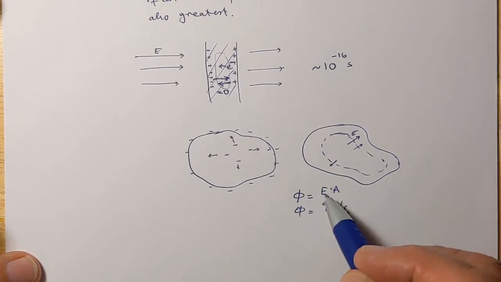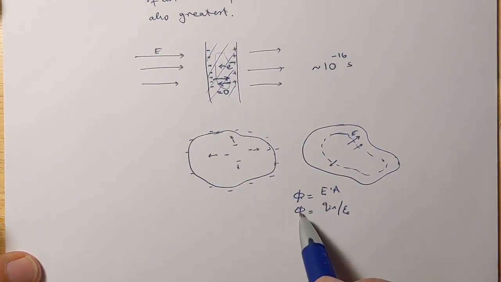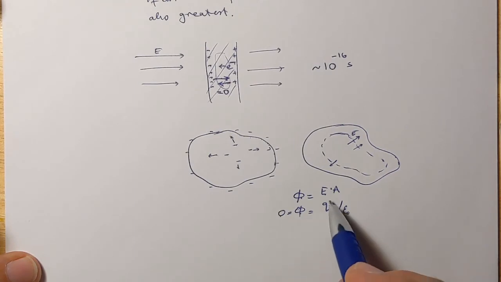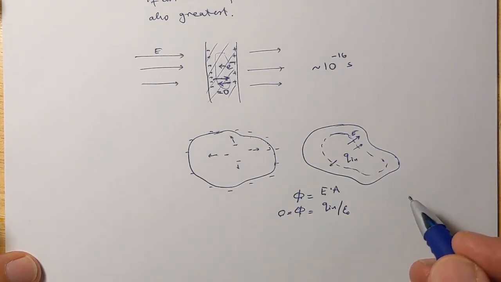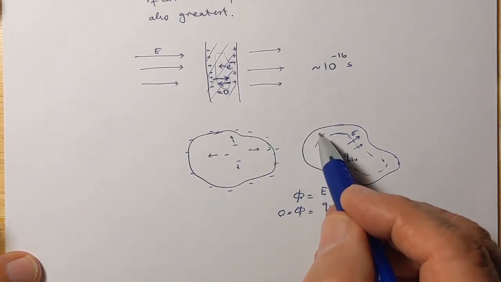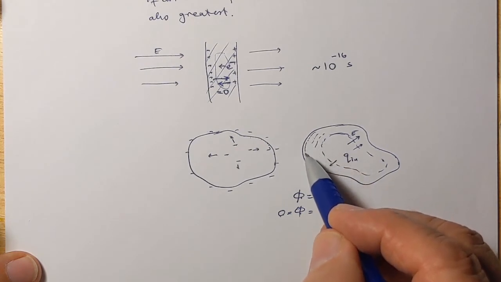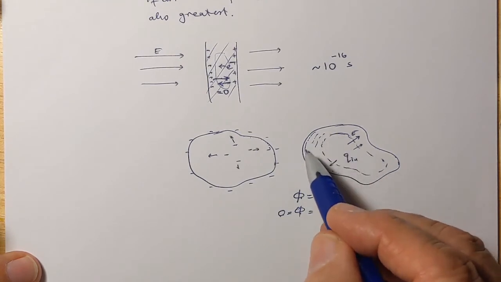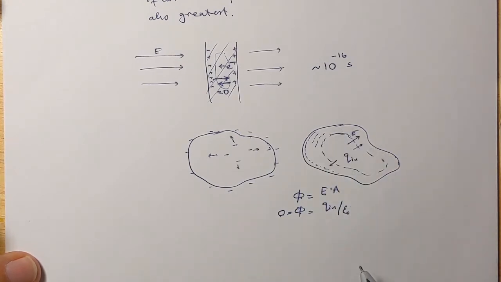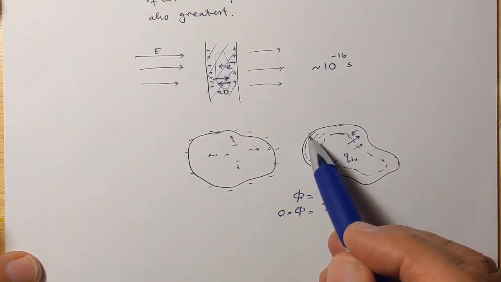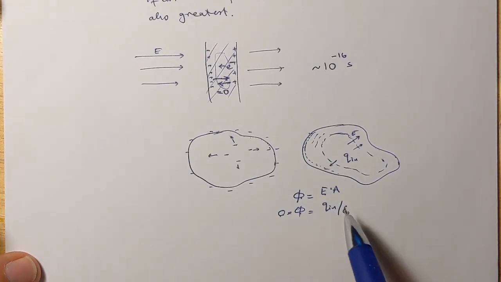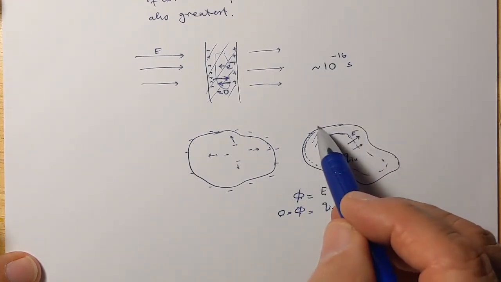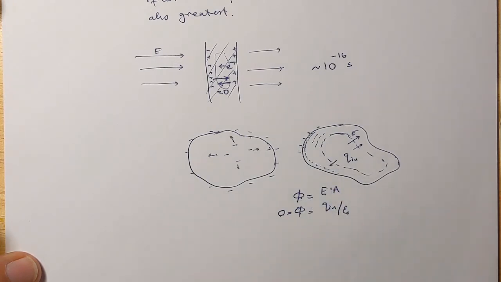Because the electric field is zero, the flux is zero, which means the Q inside is zero. We can move this Gaussian surface all the way to the edge of this material, and Q inside will remain zero. That shows the charge will be outside a Gaussian surface that's just inside the surface. So that's the second thing, that the charge resides on the surface.